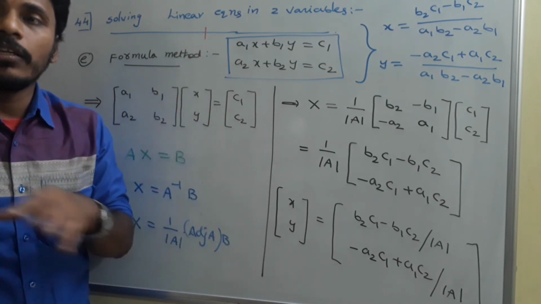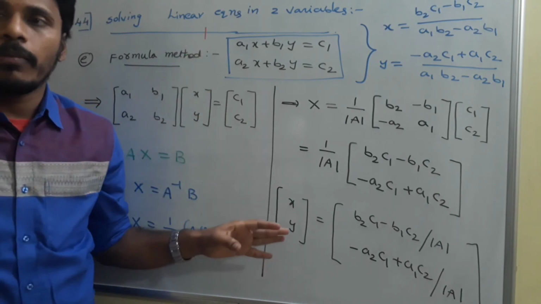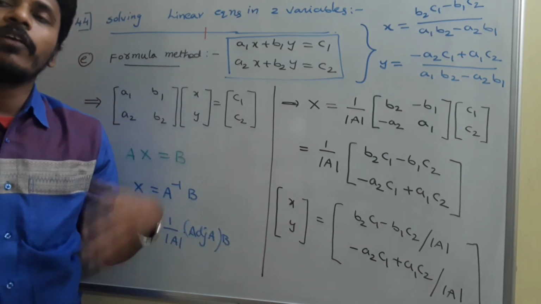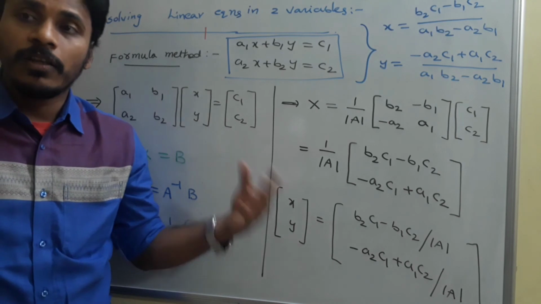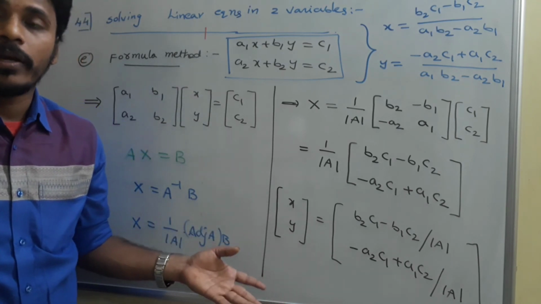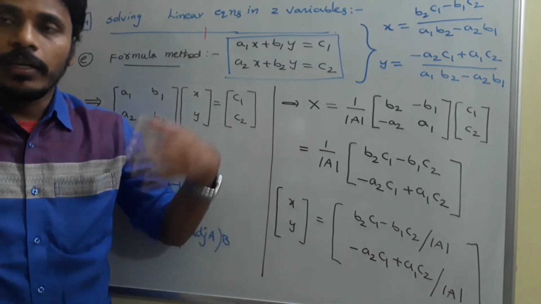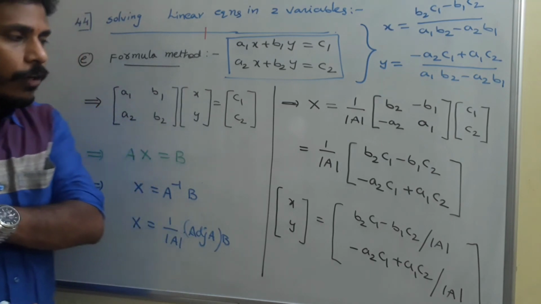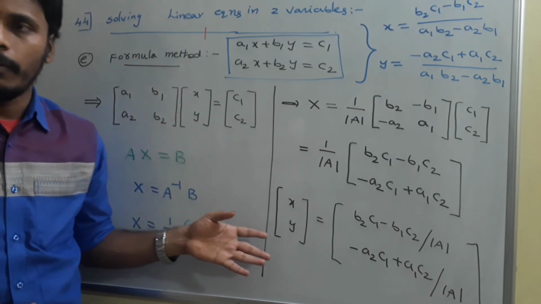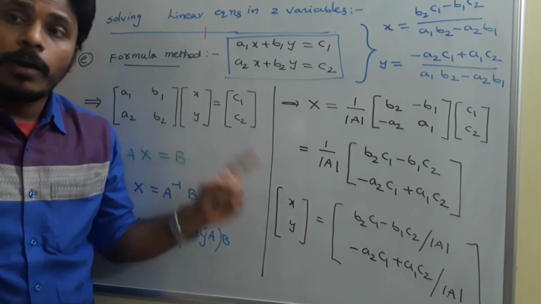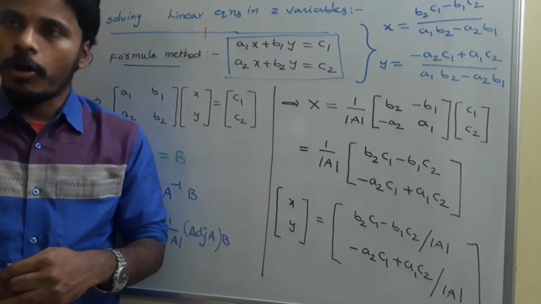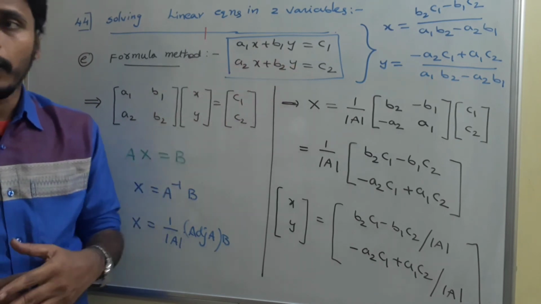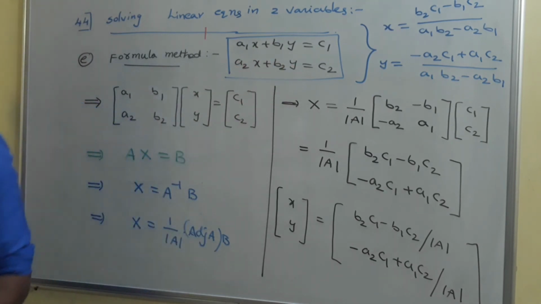That's why we don't use this formula method to find X and Y. We will use just the elimination method to find X and Y, and we will use the matrix inversion method to find the variables X, Y or sometimes Z for linear equations in three variables. But we don't use this formula method. But this formula method helps us to establish the next way of finding, which is Cramer's method, and that's why I mentioned it here. Okay, just have a look.